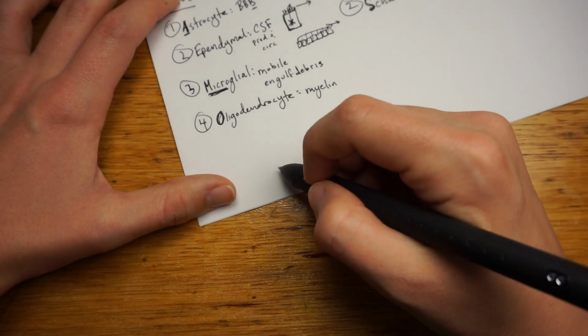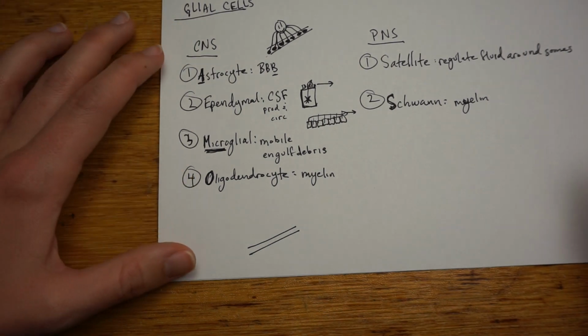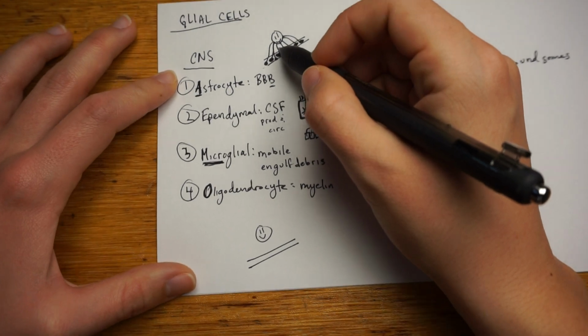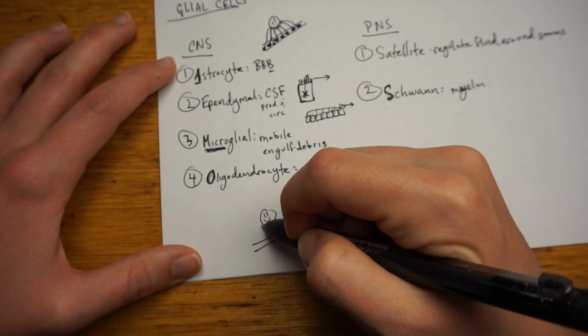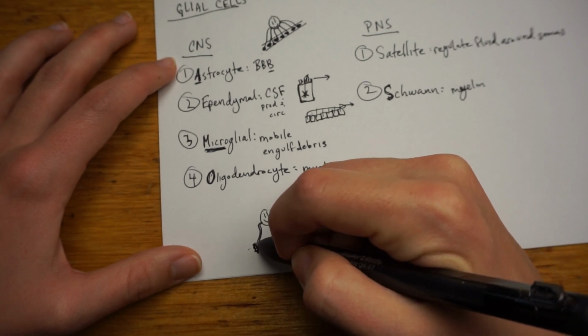Let's talk about this. Here we have an axon, which we know is part of our neuron. This oligodendrocyte sits off similar to the astrocyte, which we saw up here. But this oligodendrocyte is like an octopus, and it's going to extend its little feet, and it's going to myelinate, okay?